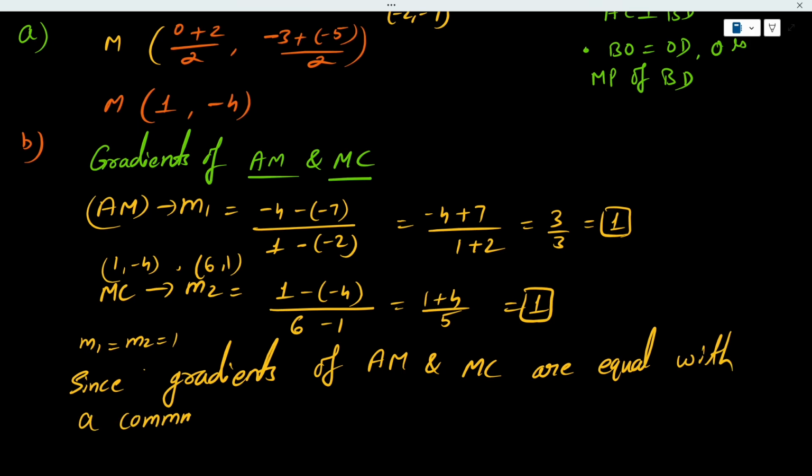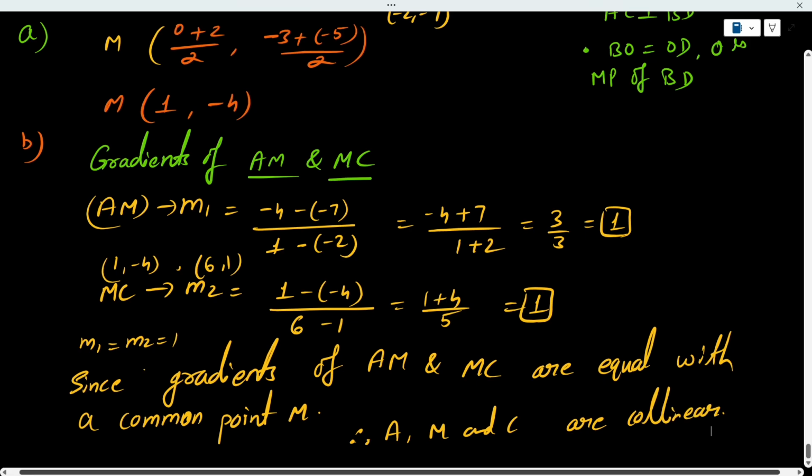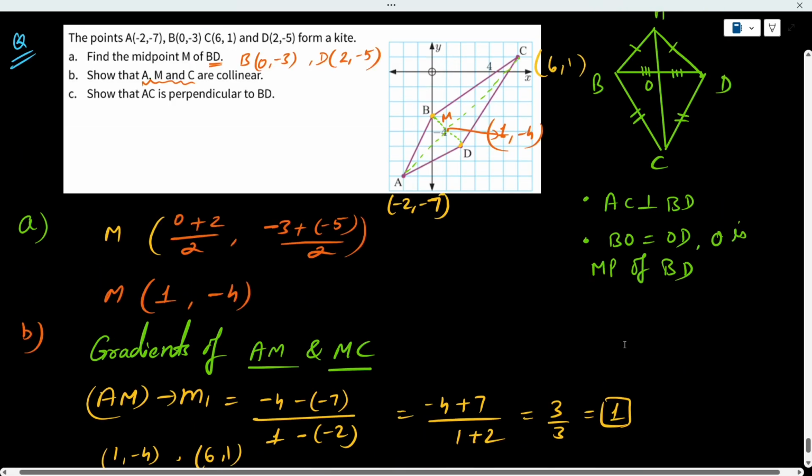What is the common point between both the lines? Common point M. Therefore, A, M and C are collinear. Always keep writing all the steps whenever you are writing solutions, so that you don't lose any marks for anything.